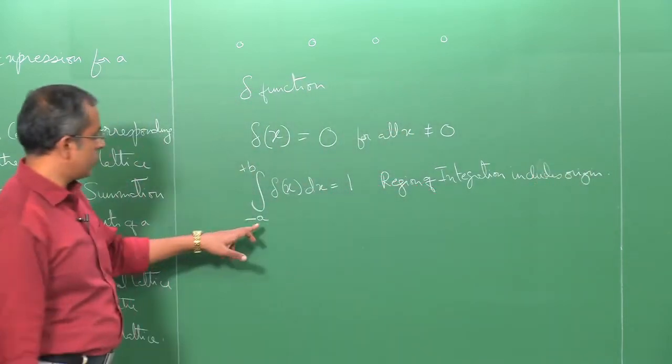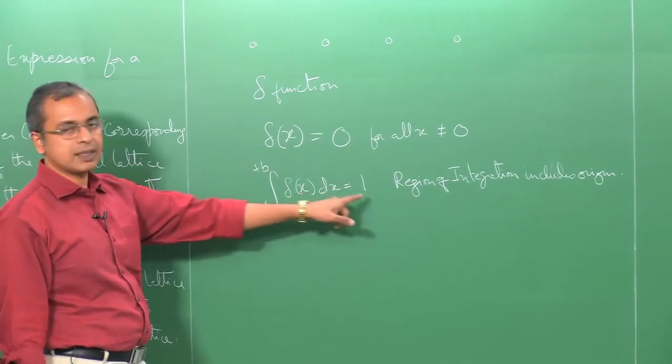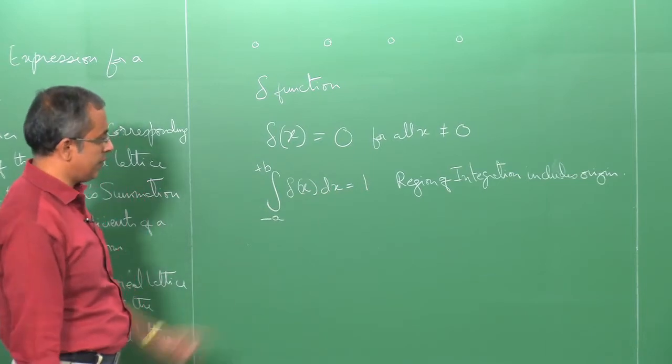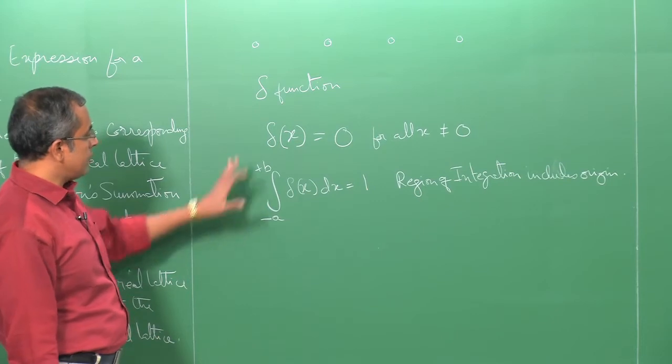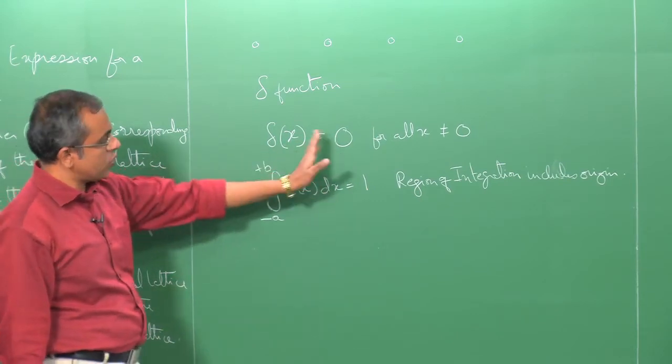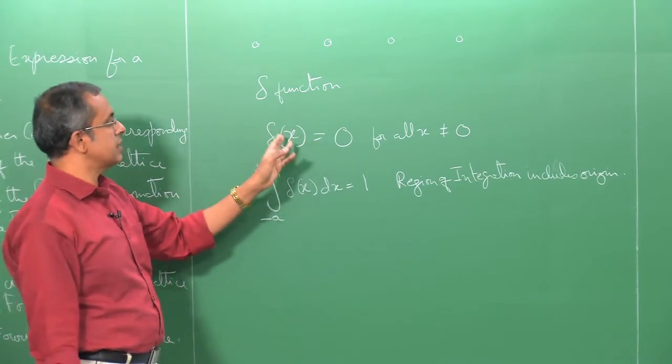So, the way I have written it, going from some minus quantity to a plus quantity, it goes through the origin, therefore, this integral evaluates to 1. Okay. So, this is another property of this delta function, and it is going to evaluate to 0 at all other values of x, at all other locations.